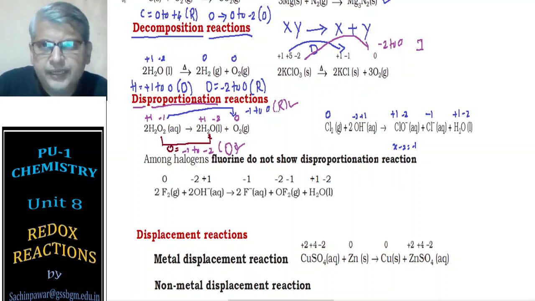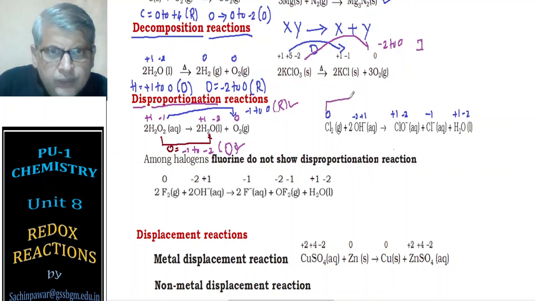If you see it carefully, I am using the arrow mark. Chlorine is changing from 0 to +1.